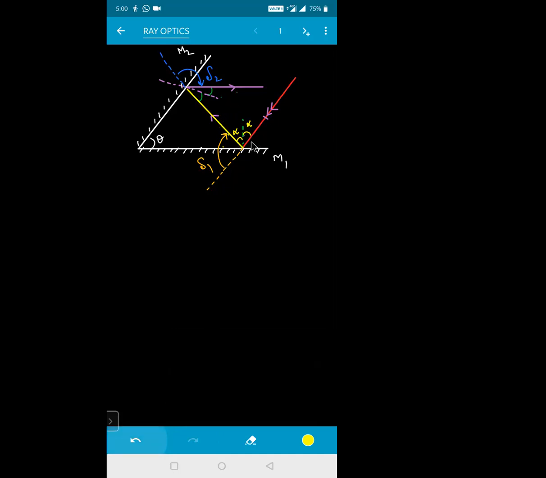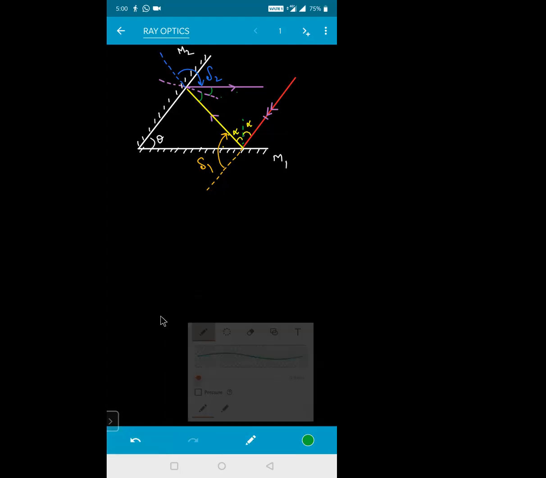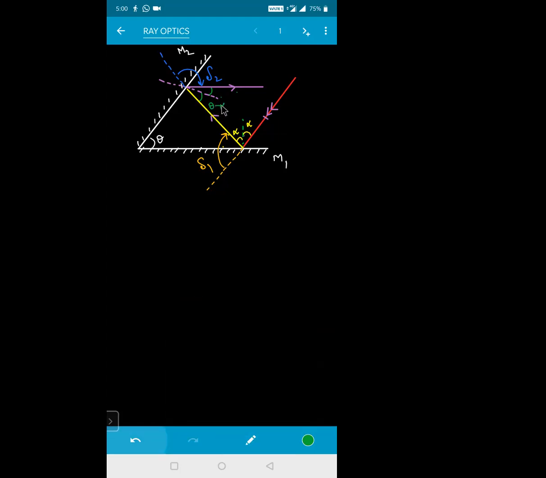This is alpha I've taken. This is alpha, this is alpha, this is your tau 1. This angle you take as theta minus alpha. This you take as theta minus alpha. And this one also will become theta minus alpha. Okay. Now tau 1 and tau 2 are in the same direction.